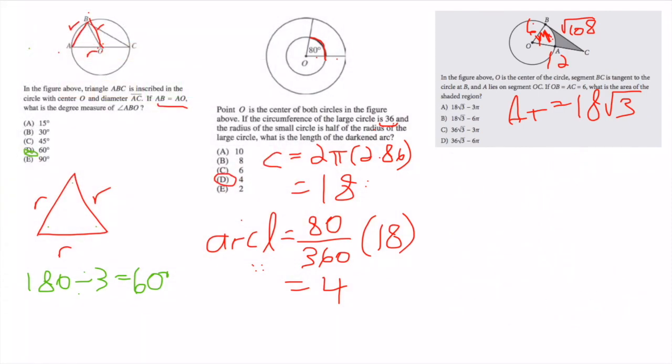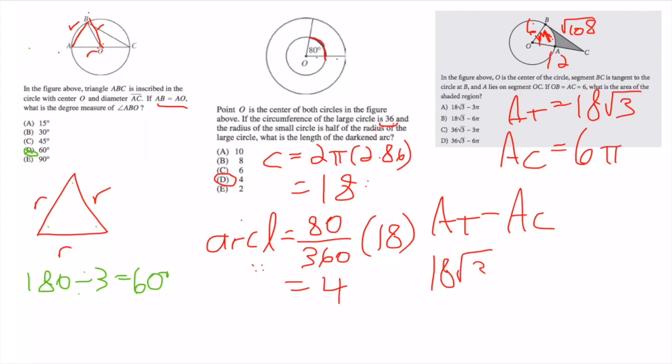So the area of the circle is 6 pi. Now I'll find the area of the shaded region by doing the area of the triangle minus the area of the circle, which equals 18√3 minus 6 pi, which is B. Again, a challenging question that took a lot of time.